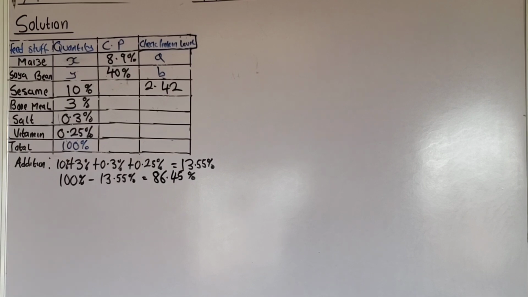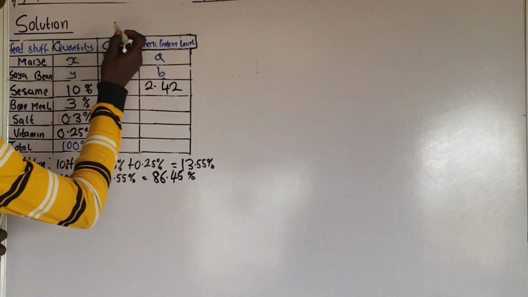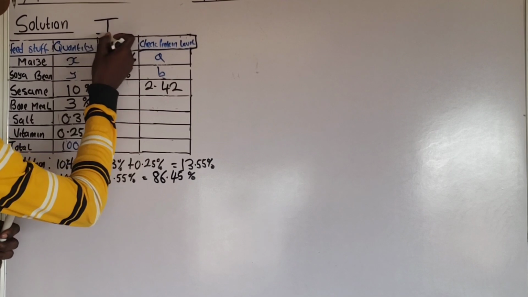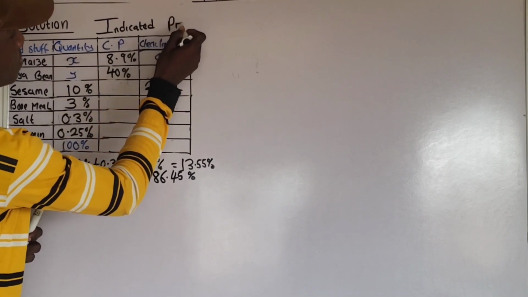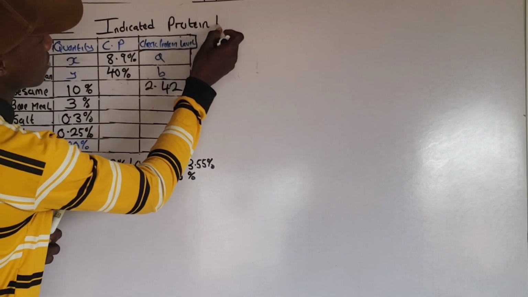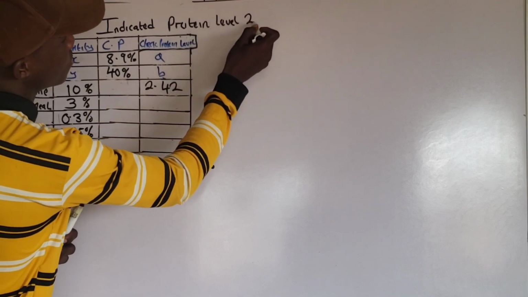Now the second step is that you have to subtract the protein that is given from the indicated protein level. Don't forget that we are given that the indicated protein level is 23%. Let me write it out: indicated protein level 23%.